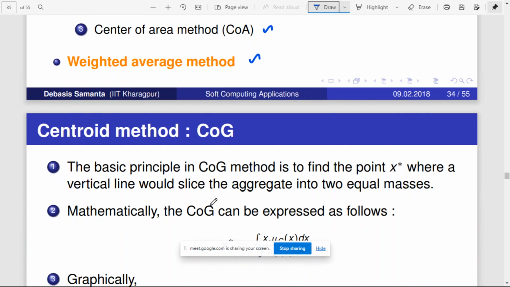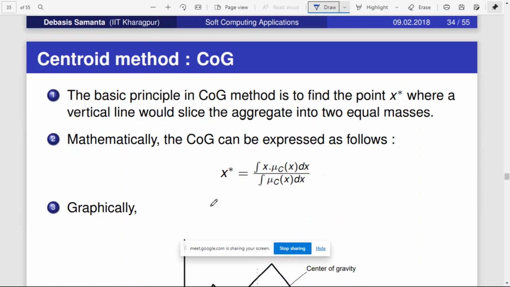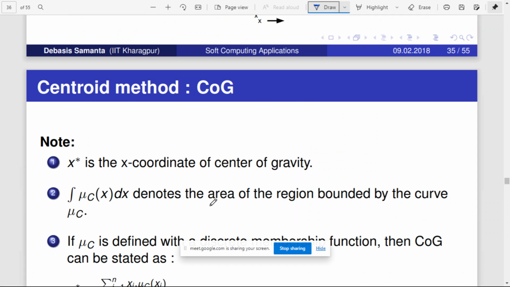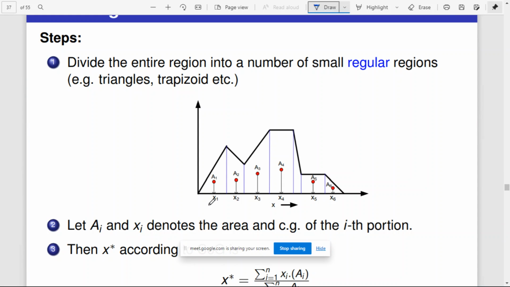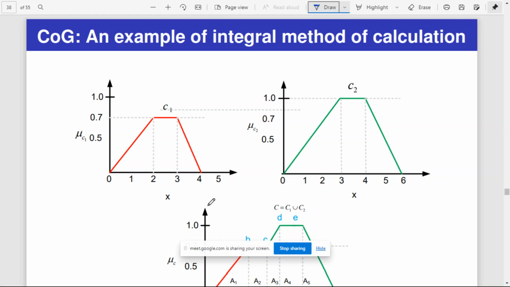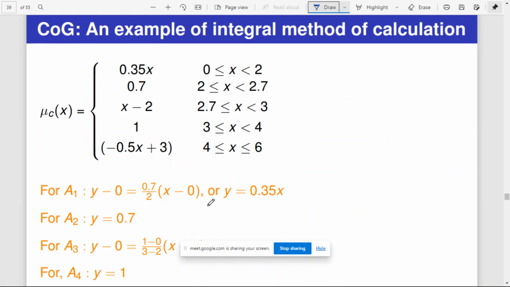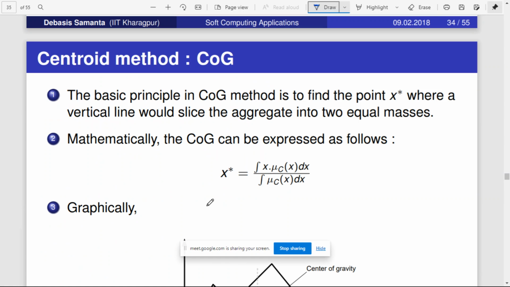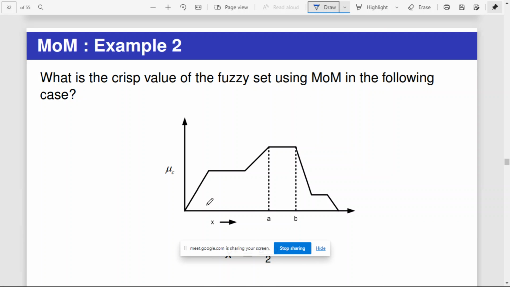So first let us start with the maxima method.